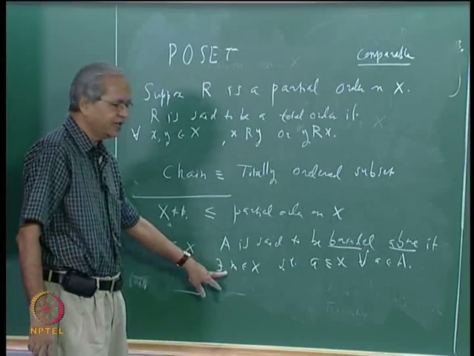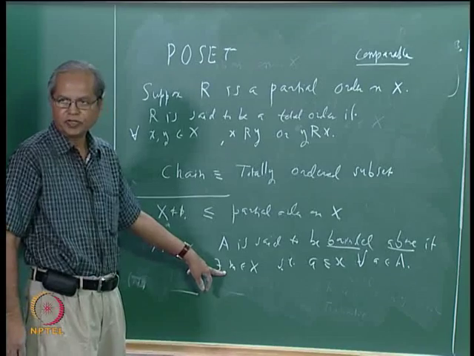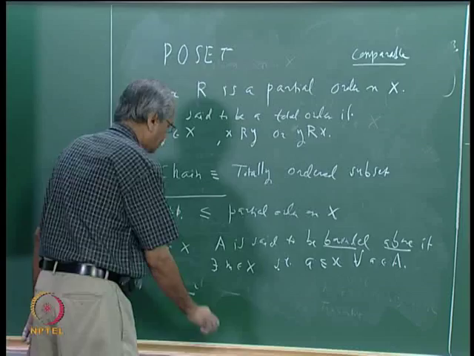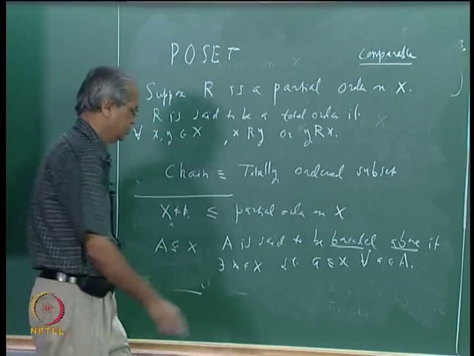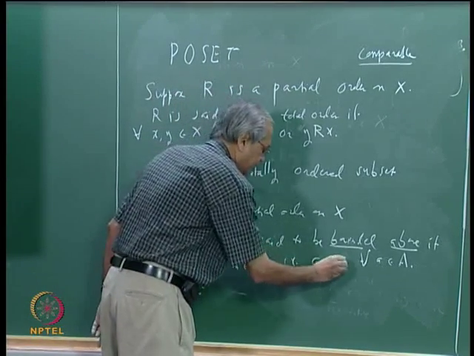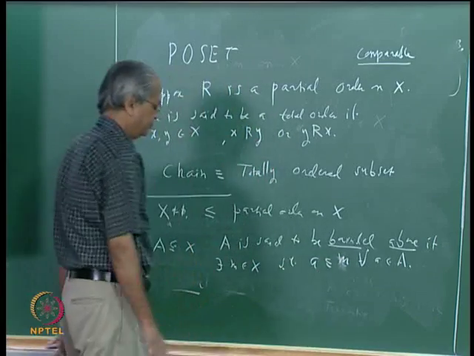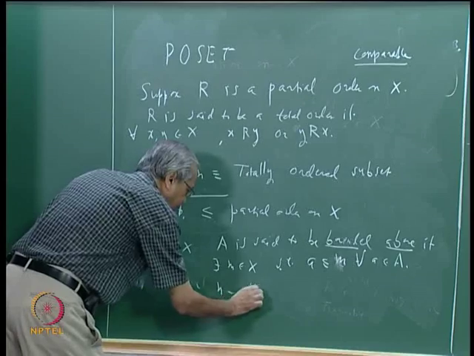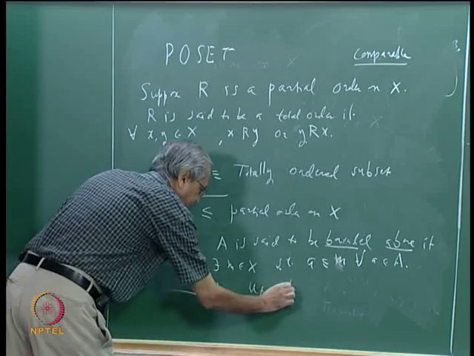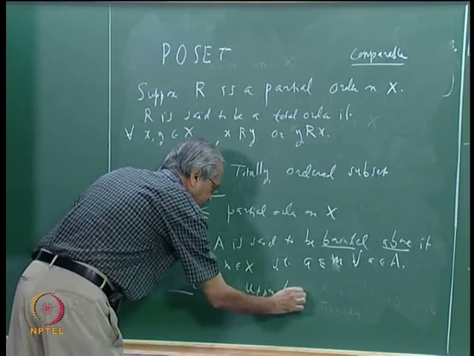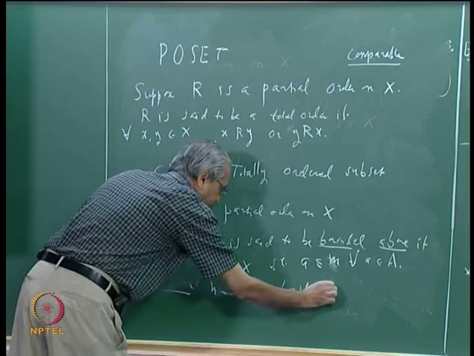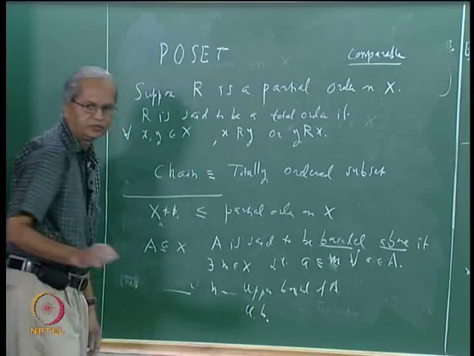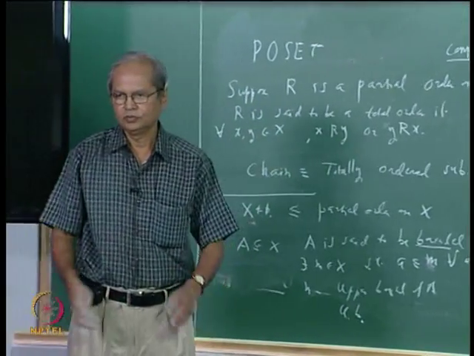And this element m is called an upper bound of A. A standard short form uses ub for upper bound.